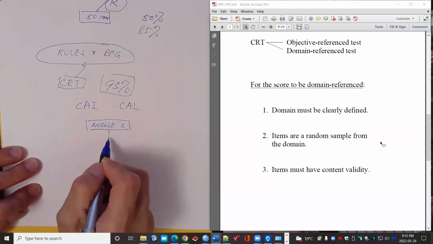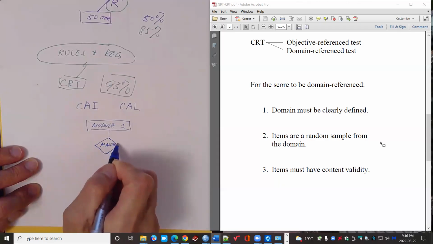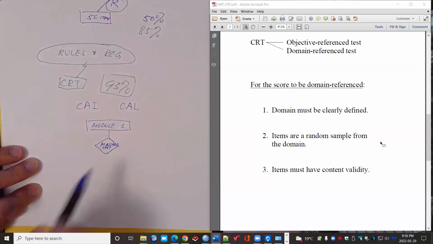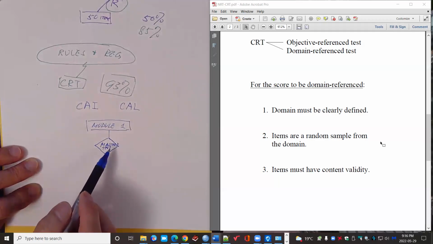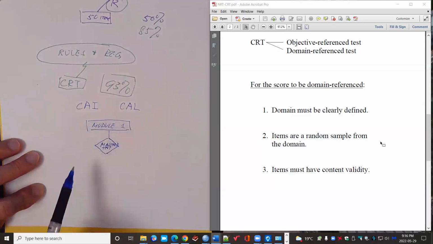Then this is a mastery test, a CRT, to see if the learner has mastered module one.